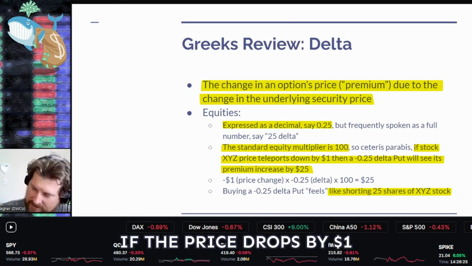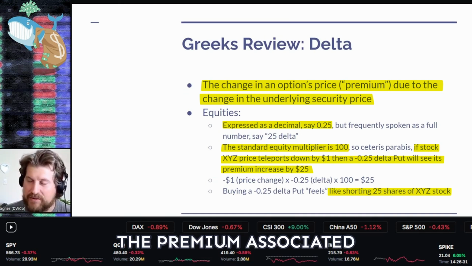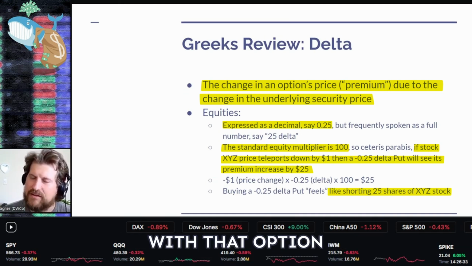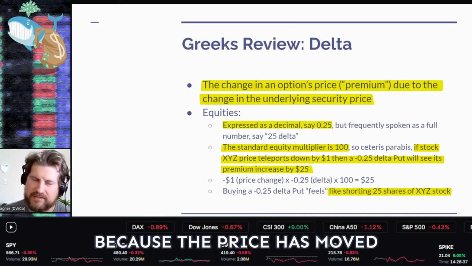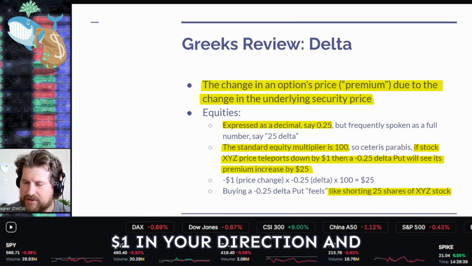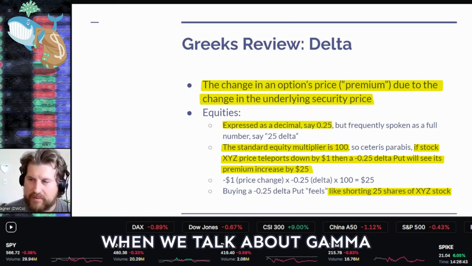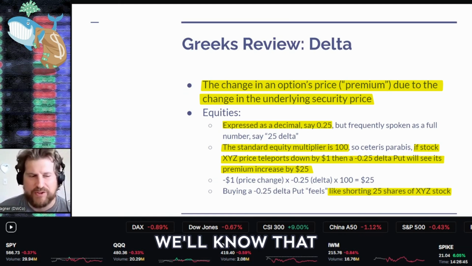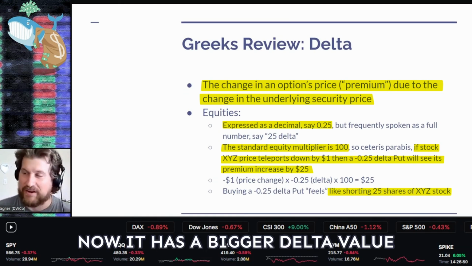If the price drops by $1, then the option value, the premium associated with that option, would be $25 higher, because the price has moved $1 in your direction, and it was a 25 delta option. But when we talk about gamma, we'll know that now that the price has moved down, it has a bigger delta value.